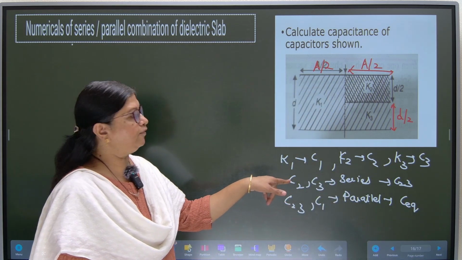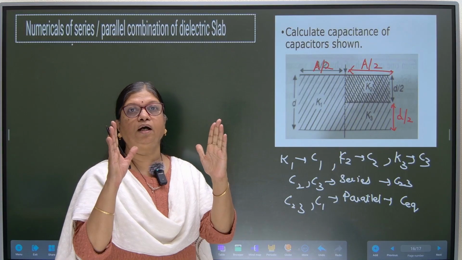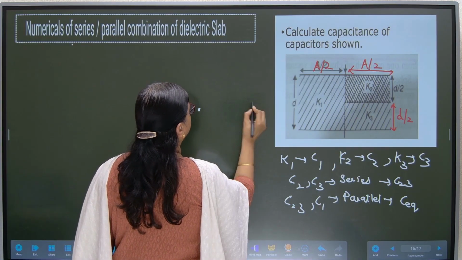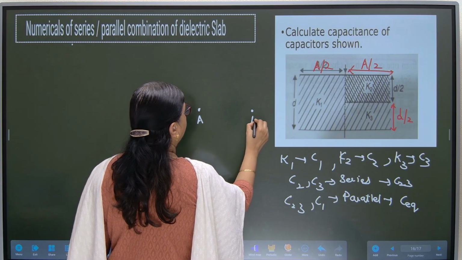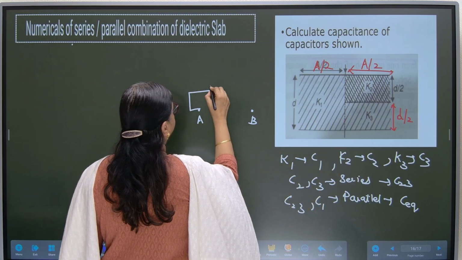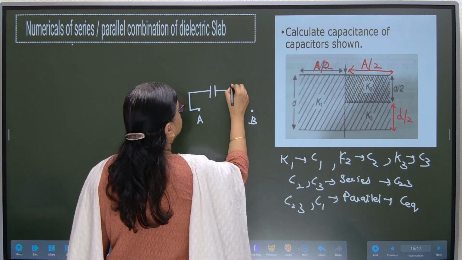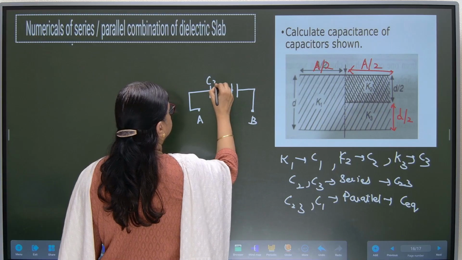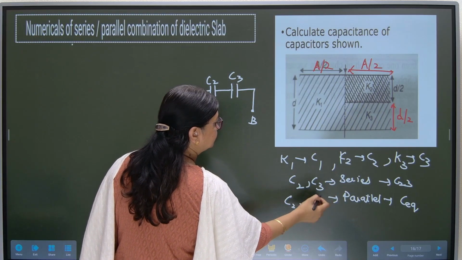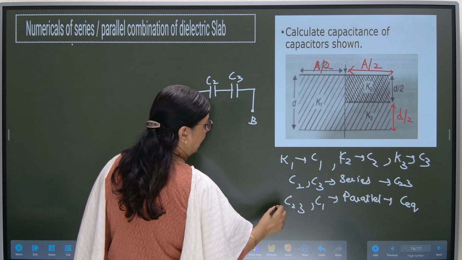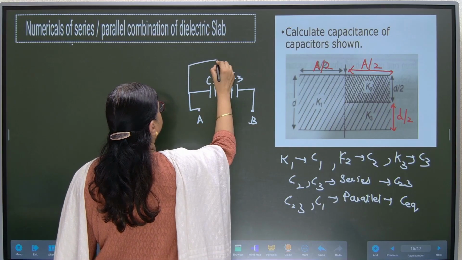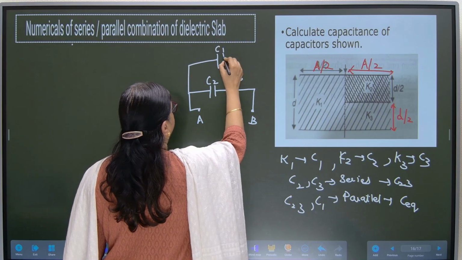Now using this information, let us draw a rough circuit diagram. Let us consider the two terminals as A and B and let us draw C2, C3 in series. This is C2, C3. And let us draw C1 and the C2-3 combination parallel to each other. So we put here a C1.